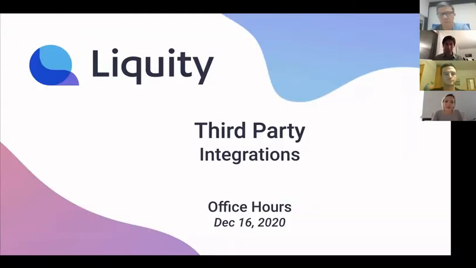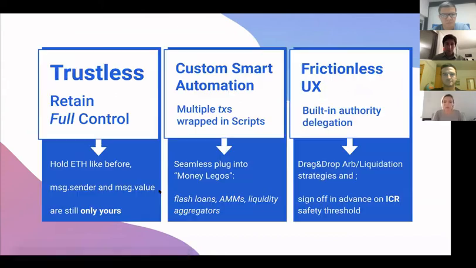Hi, everybody. So I'm going to be talking about third-party integrations. And feel free to interrupt me at any point if you need anything explained in greater detail. So what's the point of these infrastructures that are going to be part of our middleware stack?